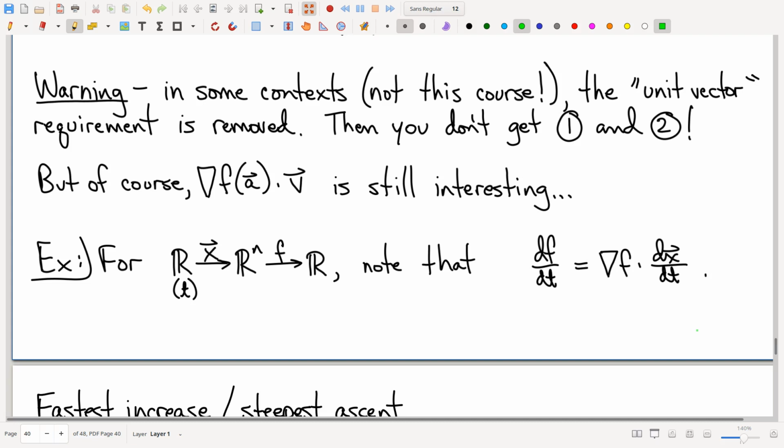So your job outside of Math219 is to always be heads up. If you hear someone say the term directional derivative, you have to ask yourself, wait a minute, what kind of person am I talking to here? Is this a unit vector person, or one of the non-unit vector people? Just be aware, it could be either, and so clarify and make sure you know what you're dealing with.